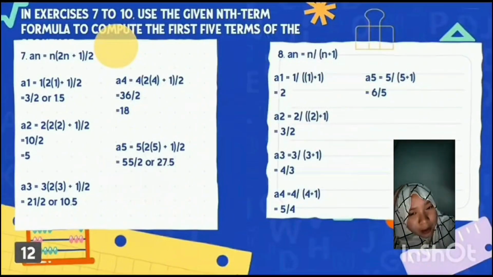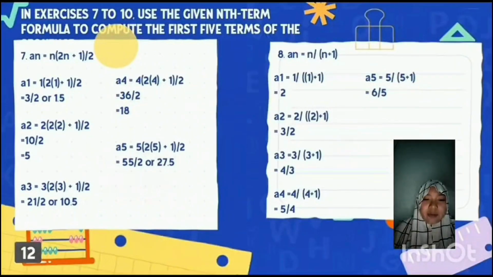So, ito yung mga formula. We have number 7, number 8, number 9, and number 10. Sabi dito, hahanapin natin yung 5 terms ng sequence nila. So, we have to solve 5.